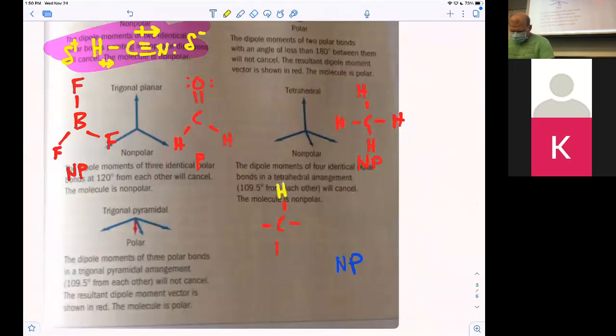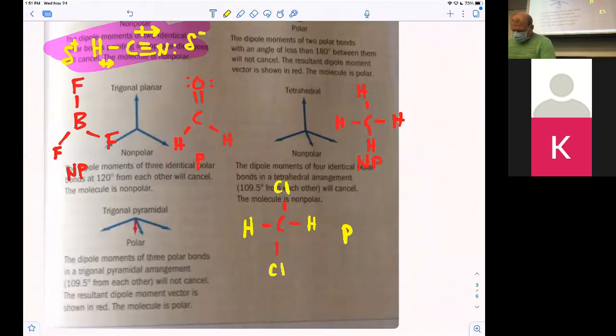What if I replace an atom of hydrogen with chlorine? So I have chloromethane. Is this polar or nonpolar? Polar. This one's polar, right? One's different. What if I put a chlorine here? Is this molecule polar or nonpolar? Nope, it's still polar.